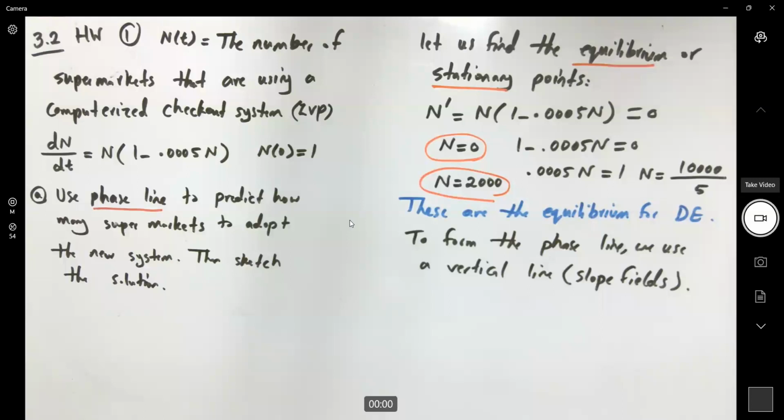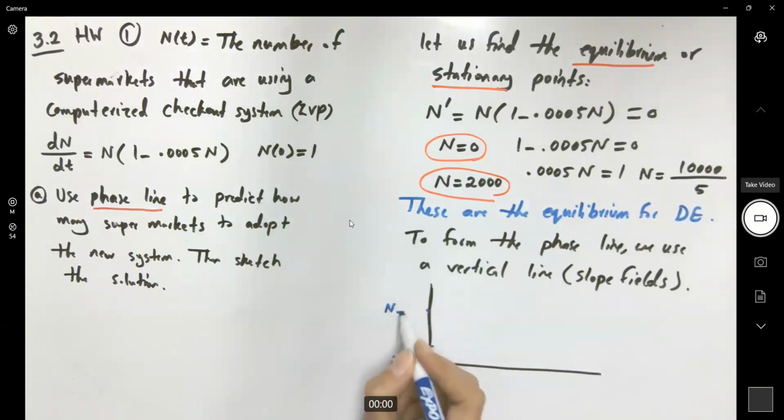Remember that that's your slope field. This is your graph. Here is the vertical line, with n equal to 2,000 and n equal to 0. As you saw, the behavior of your slope field is like this.